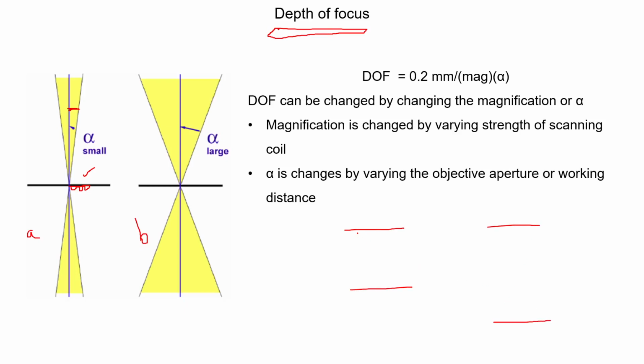As you increase the working distance, your alpha will be higher, your spot size will be higher, and your resolution will be poor. I guess you told the opposite thing. Do you remember? We discussed this in the last class, the effect of working distance. The last two slides were there, no?